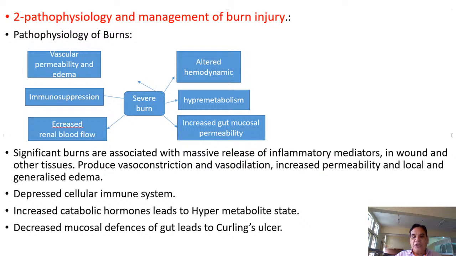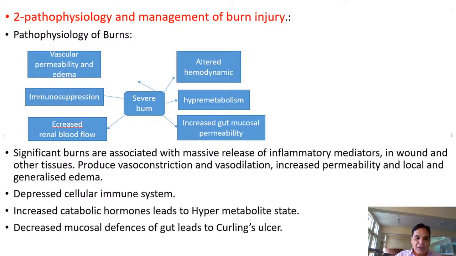Significant burns are associated with a release of inflammatory mediators from the wound itself and other dead tissues. They in turn produce vasoconstriction and vasodilation and increase permeability, and because of permeability there is a local or generalized edema, which itself is more pathological.